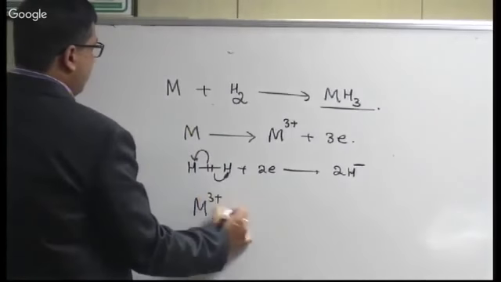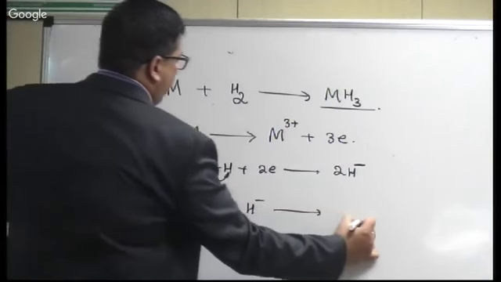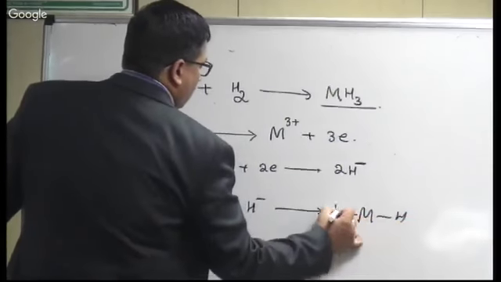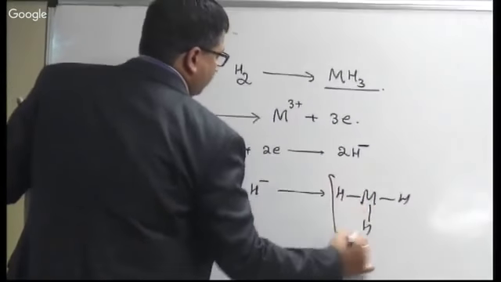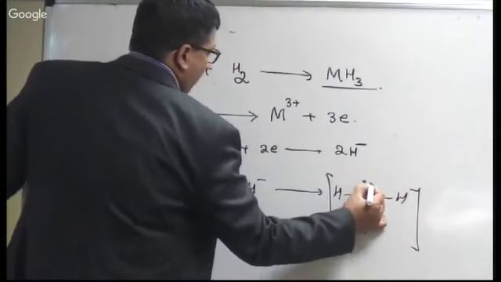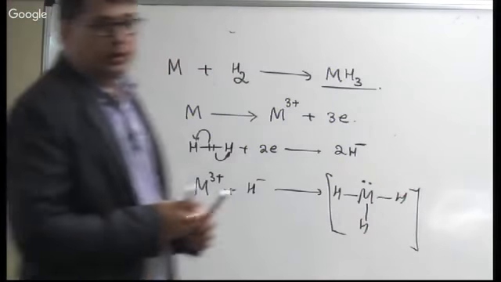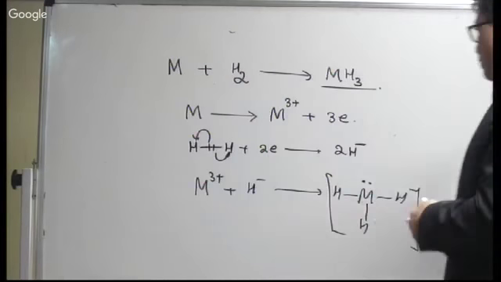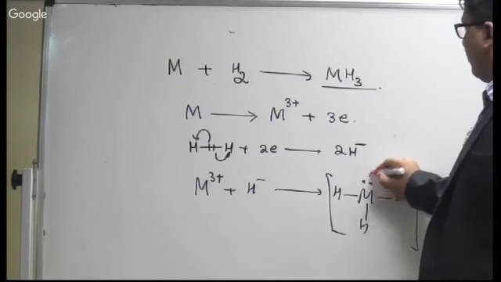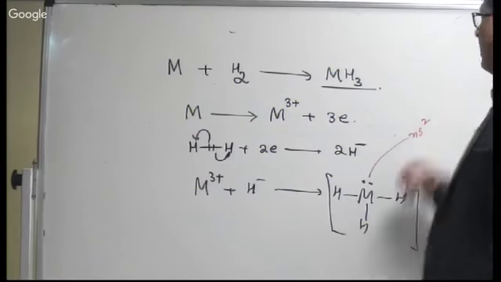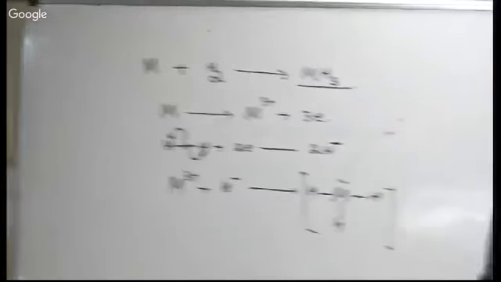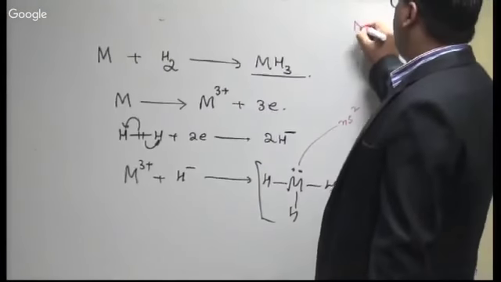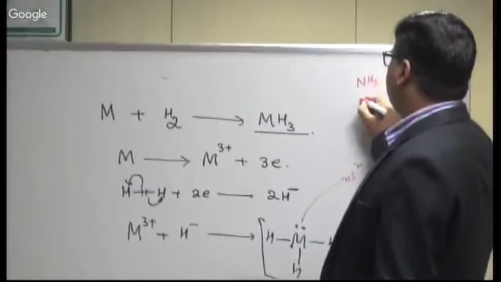This M3 plus and H minus form a bond of MH3 having one lone pair. This lone pair is from ns2. So nitrogen forms NH3, phosphorus PH3.